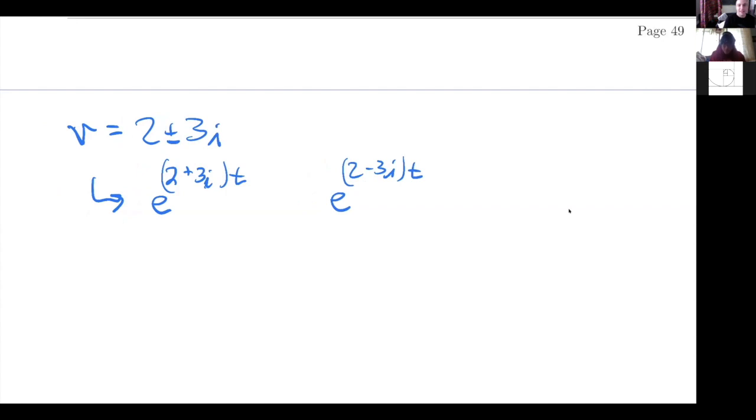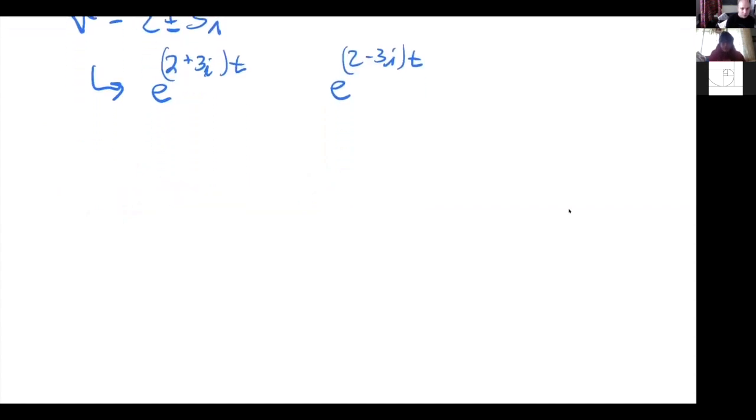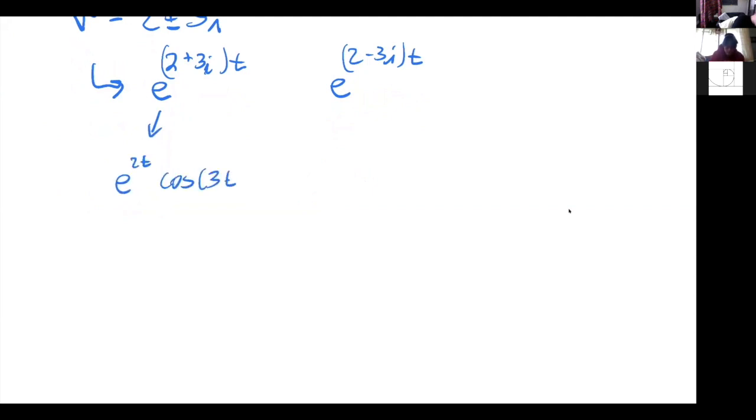So this one we can write as e to the 2t cosine of 3t plus e to the 2t sine of 3t.